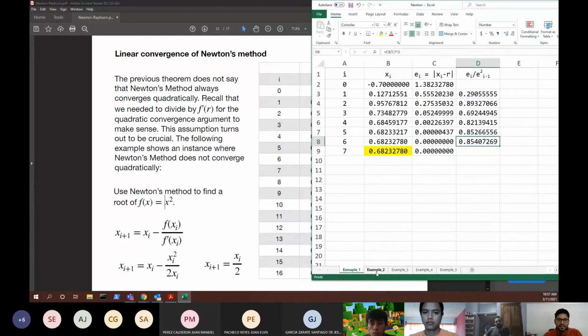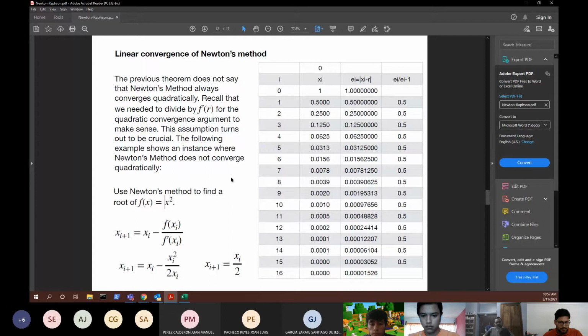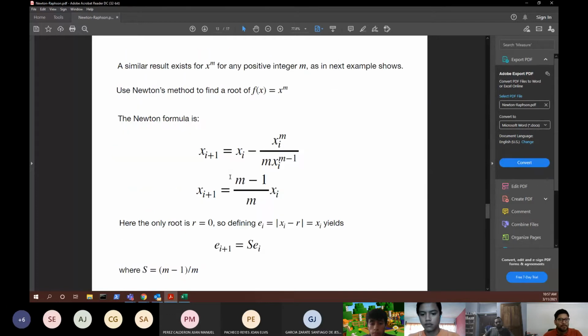Sorry, I made a mistake here. This one is pretty much the same, but it's going to be equivalent because you only have 1/2. So this is why we obtain this value. And then we see that not always we have a fast convergence. It took 16 iterations, so that was actually very slow. Okay, let's move forward to other examples.